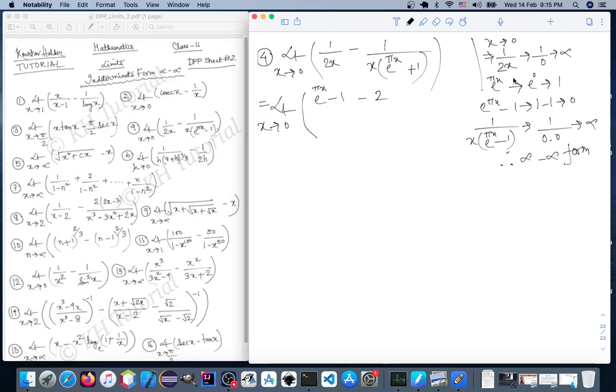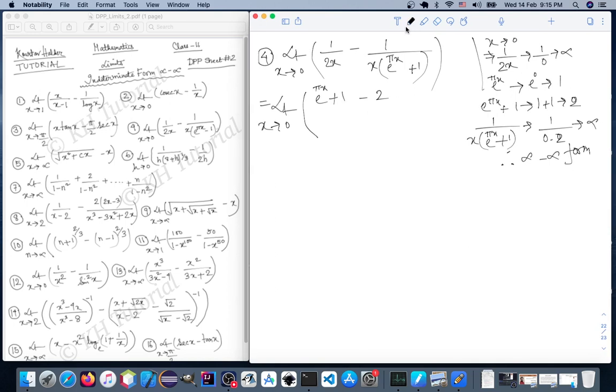This is plus 1. So plus 1 basically is 2, but anyway x is 0, so the form. So we get twice x e to the power pi x plus 1.